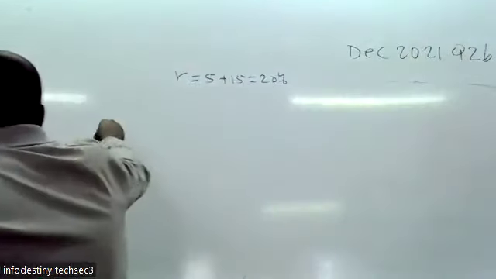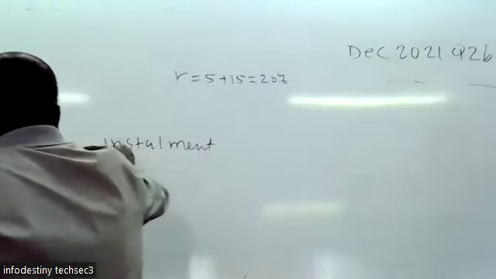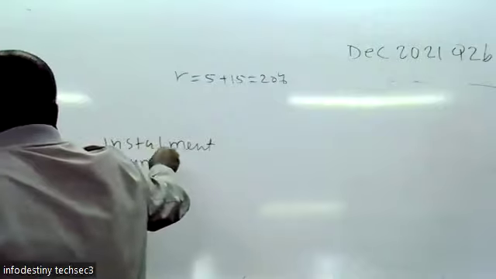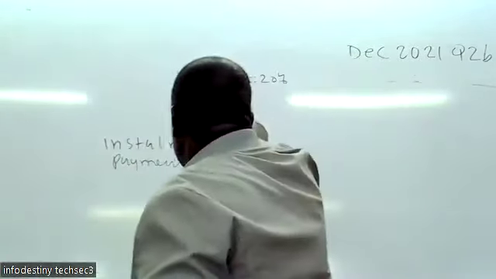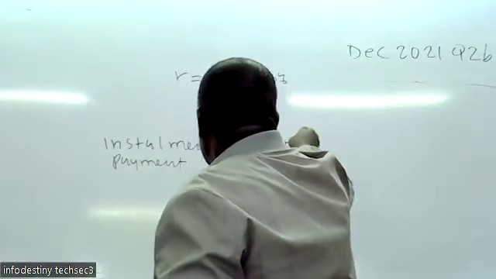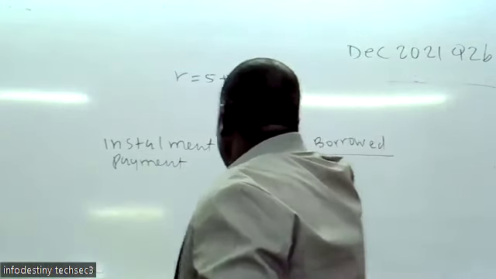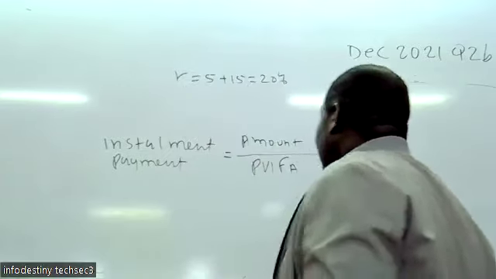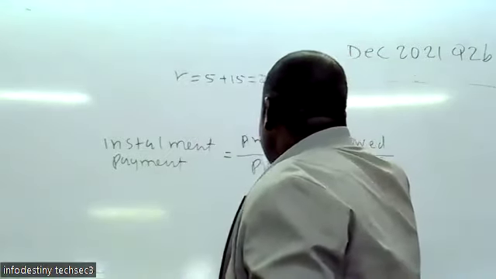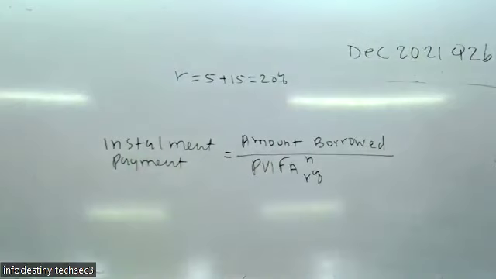So now to get the installment payment, you simply get the amount borrowed, then we divide by the present value interest factor at R% for the period.